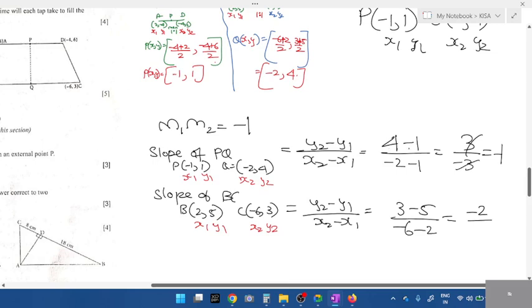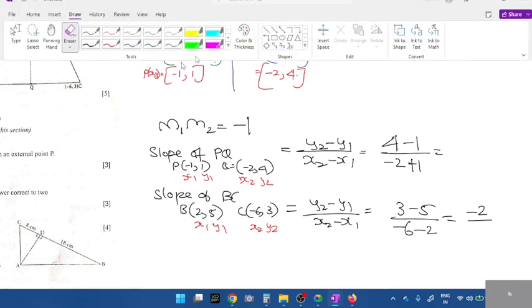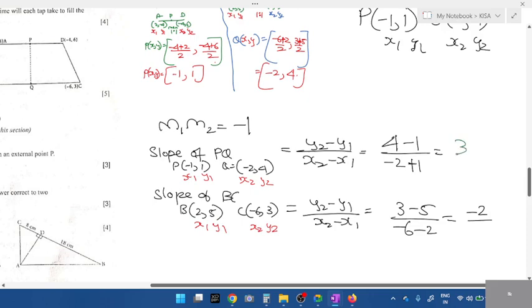And what is y1? Minus 1, right? Correct. Okay, x2. Okay, minus 1. Minus into minus is 1, right? Now it is correct, students. Plus 1. So 4 minus 1 is 3, and here what will you get? Minus 1. Minus goes to the numerator. Is it minus 3? Okay. What's the next one, students?